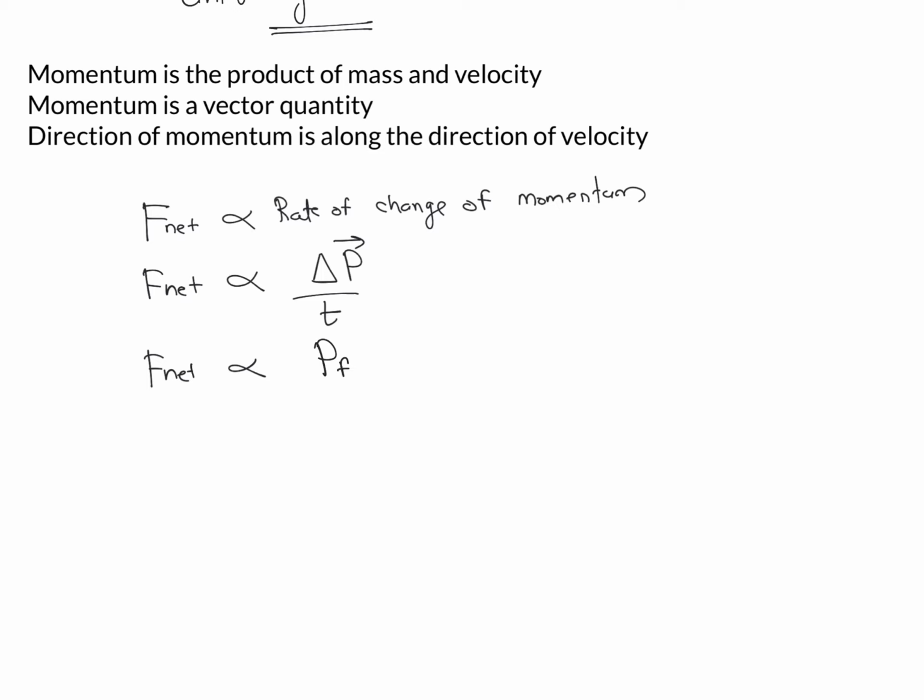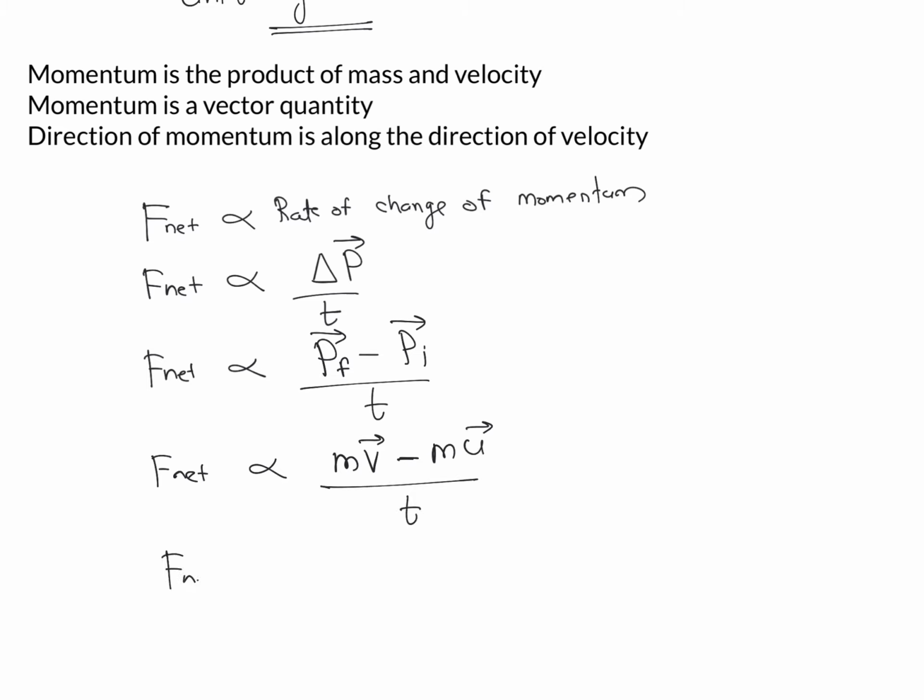Change in momentum is final momentum minus initial momentum, divided by time. So net external force is directly proportional to the final momentum, which is mass into final velocity, m into v. Here we are considering that the mass of the object is a constant; we'll discuss the situation if mass is not a constant. The initial momentum is mass into initial velocity, divided by time.